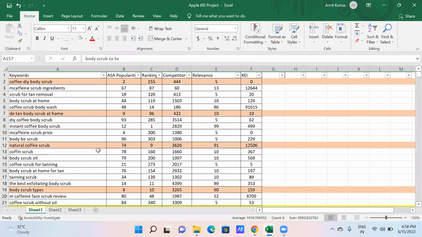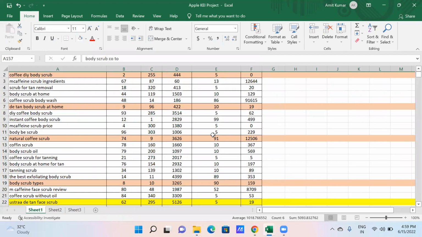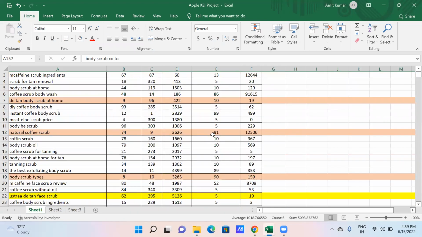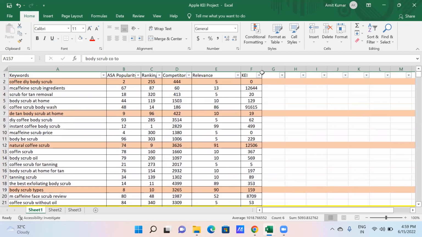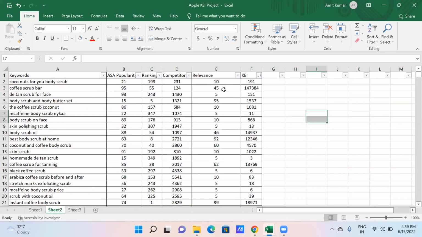So this is our original sheet, correct? Now, relevance in KEI is supposed to be calculated. If you remove these two data, then we have to apply the formula.